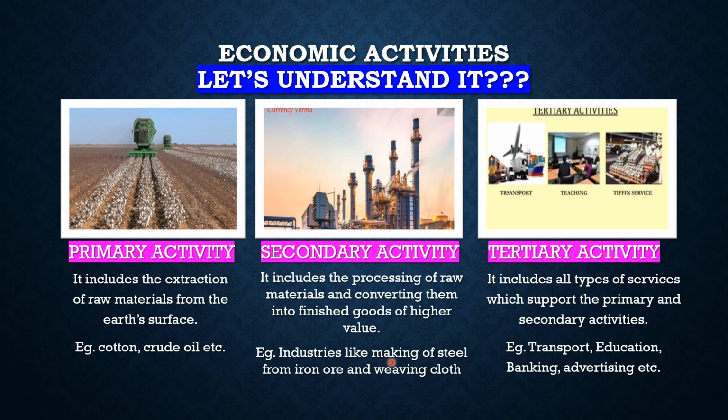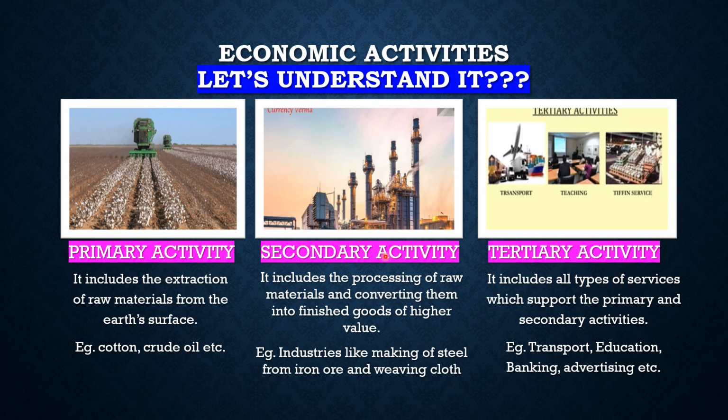So industries like making of steel from iron ore and weaving cloth from cotton are known as secondary activity.